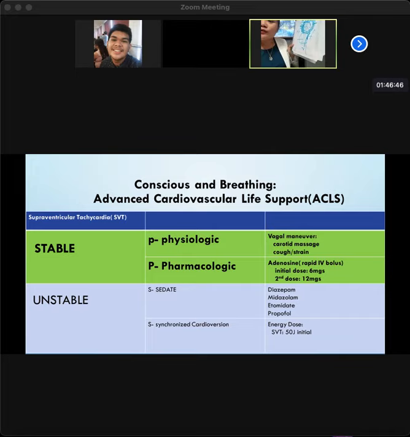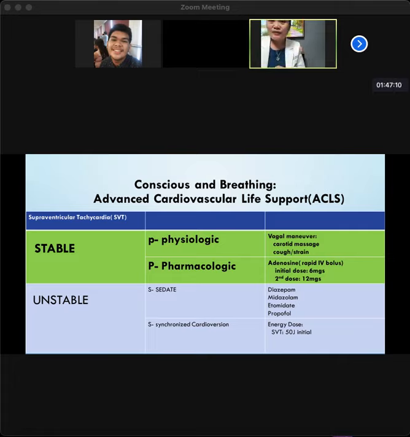That's the time you're going to press the synchronized cardioversion. Okay? At energy dose of 50 joules initially, and then going up until 360. Okay? Until the patient is cardioverted to normal sinus rhythm.